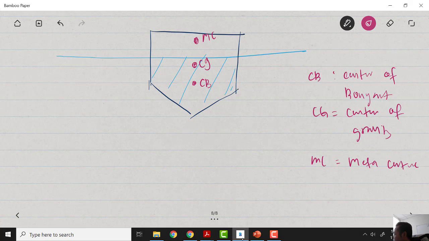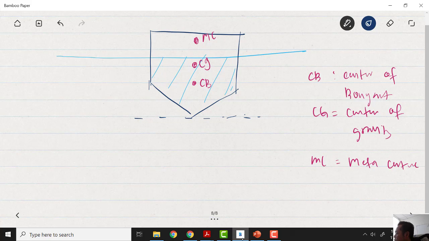If we take the bottom of the ship as our reference level, the distance from the reference level to the CB we call YCB. The distance from the reference level to the center of gravity we call YCG. The distance from the metacenter to the reference level, the bottom of the ship, we call YMC.